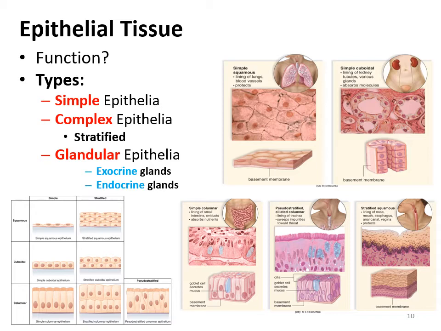Now there are three types of epithelium. There's simple, complex, and glandular. What simple means, when you see simple, think single, okay? So SI in simple, think SI in single. So it's usually a single layer of cells. And then the shapes can be classified as squamous, cuboidal, or columnar.